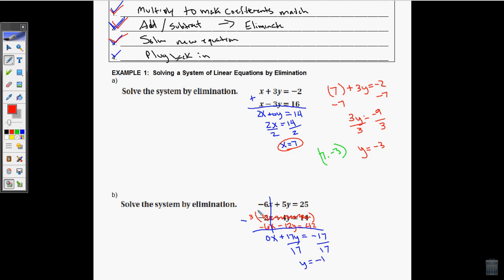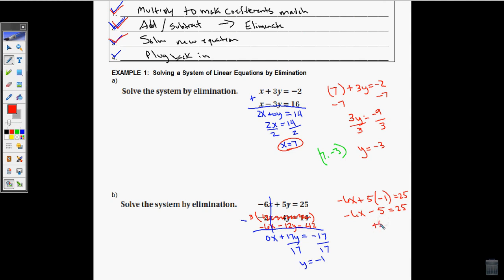Now, one last step is plugging it back in. I go back to my original equation, negative 6x plus 5y, and y I just found out was negative 1, equals 25. Whew, now I gotta solve negative 6x. Multiply these two things together, I get negative 5 equals 25. Then, I just have two more steps to do.